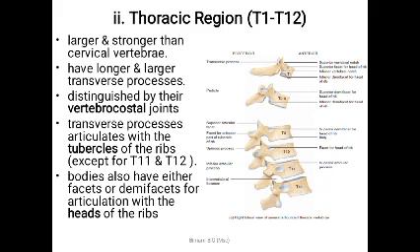Transverse processes articulate with the tubercles of the ribs except for T11 and T12. Bodies also have either facets or demi-facets for articulation with the heads of the ribs.